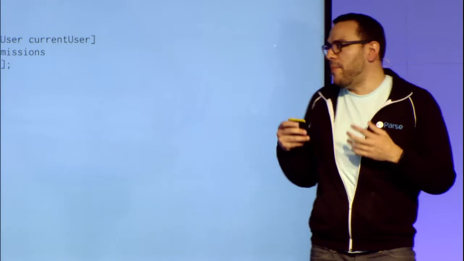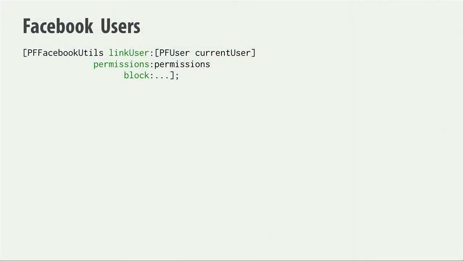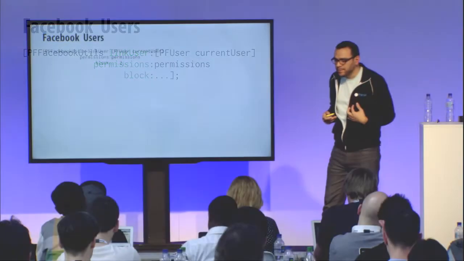What Parse provides is a Facebook utility where you give it a user, in this case the current user that's logged in, and you just specify which permissions you're asking for. By default, if you don't pass any permissions, it's just going to get the user's public profile, their picture, name, and email. But you can pass any other permissions that you need. And this is basically going to use the Facebook SDK to get those permissions from the user.